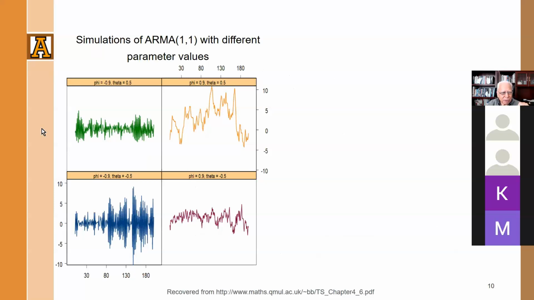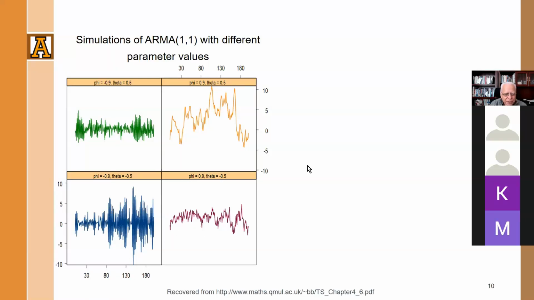These are some examples of ARMA 1,1s with different parameter values: phi 0.9 theta 0.5, phi 0.9 theta minus 0.5, phi minus 0.9 theta minus 0.5, and phi minus 0.9 and theta 0.5.